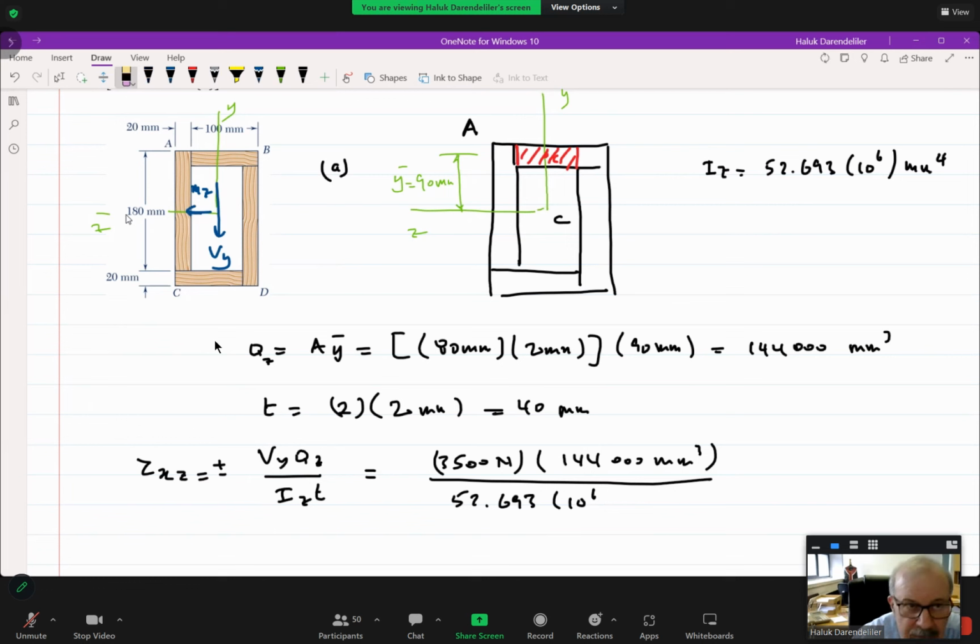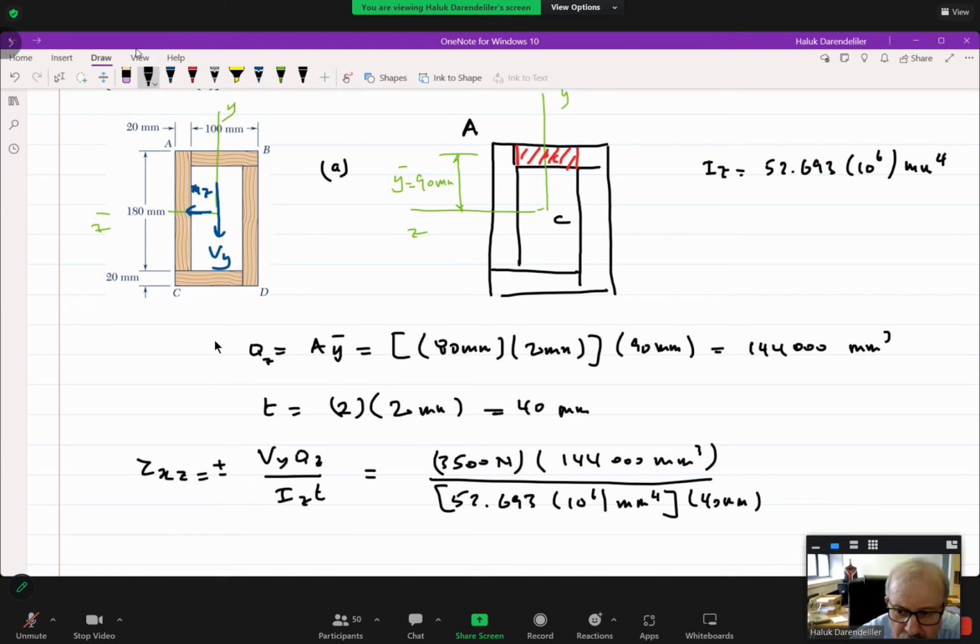Please follow well, not the numbers of course, but the logic. Where we cut, what we did, those are important. And then what we have at the end is the T value, which is 2 times the area that we use, or the intersection of the area with the transverse plane that we use, which is 40 millimeters.